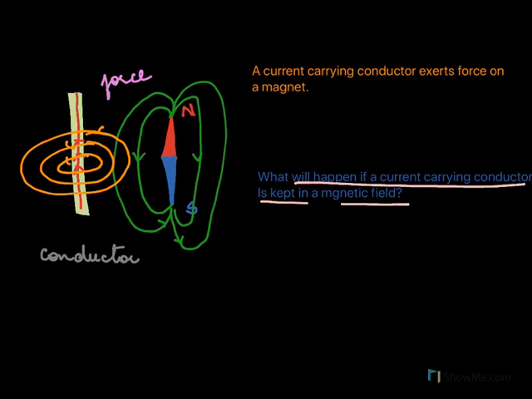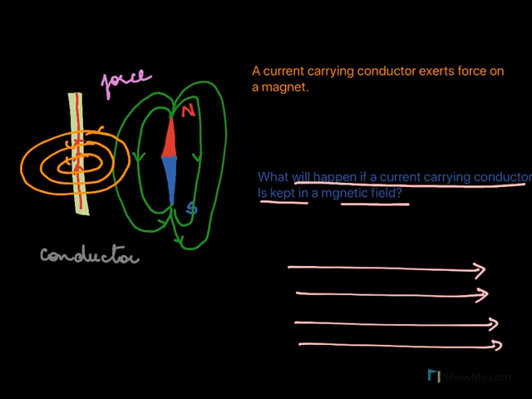So if I have a magnetic field, and I have a current carrying conductor kept in this magnetic field, will the magnetic field exert a force on the conductor? Yes, it does, and we will learn about this force.